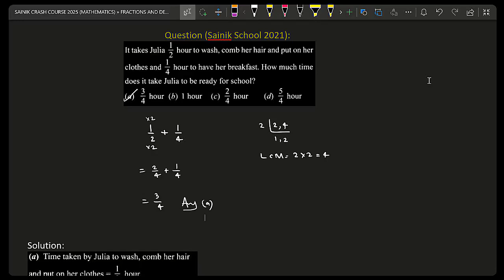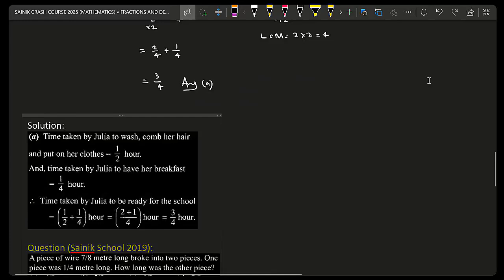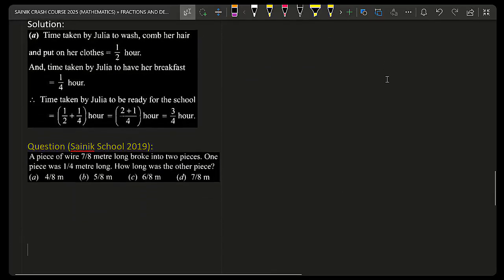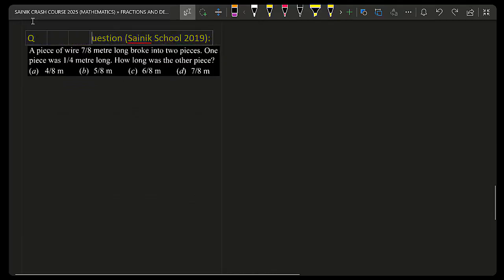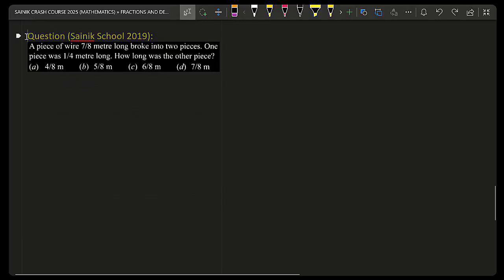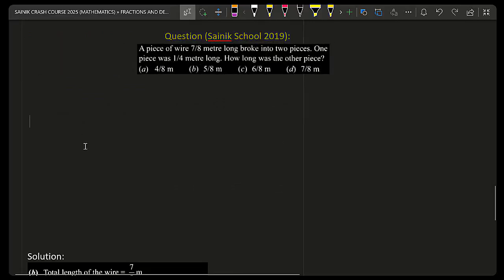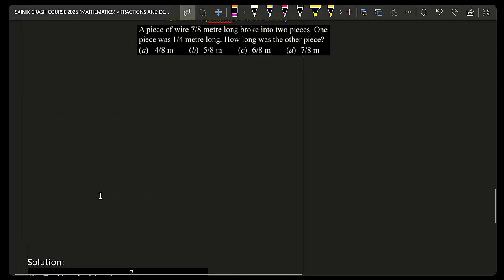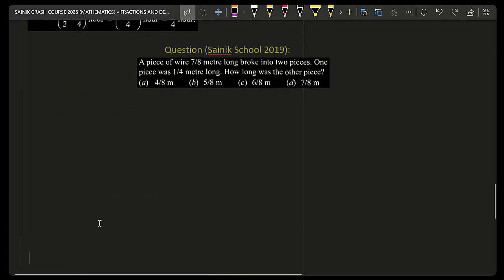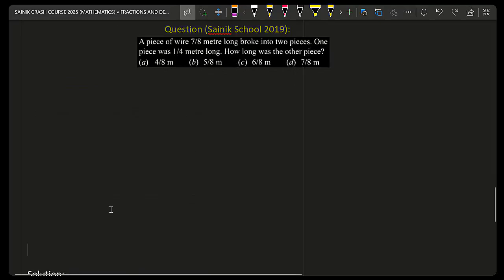Yeah, I hope everybody copied and we move to the next question. So next question is this. A piece of wire 7/8 meter long broke into two pieces.